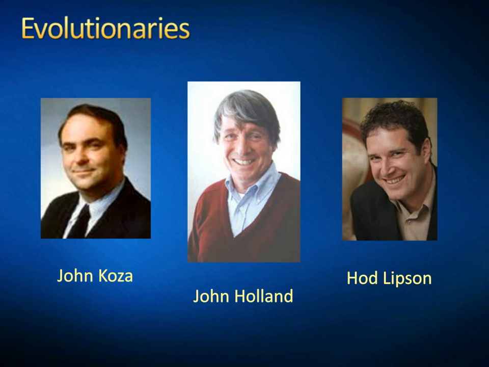Back in the 60s and 70s, people sometimes said that genetic algorithms, as this field is also known, was John and his students and their students. But then in the 80s, things exploded. John Koza developed a more sophisticated version called genetic programming, which we will see in a second. And Hod Lipson is one of the people doing interesting things with evolutionary computing these days, as we will also see shortly.